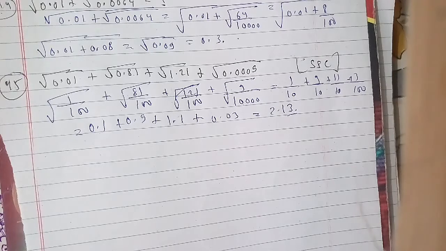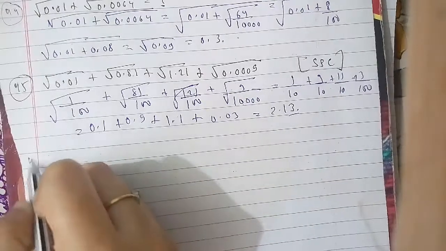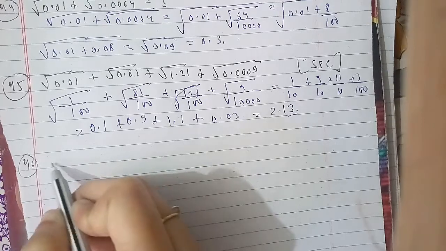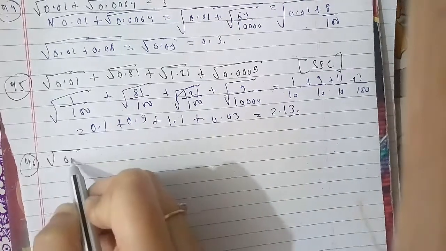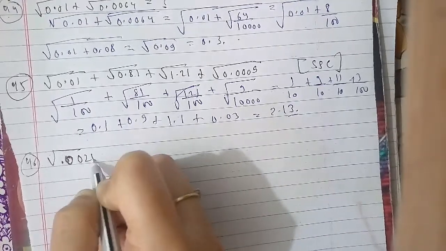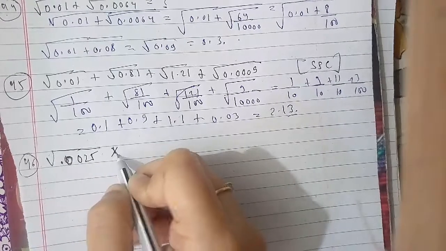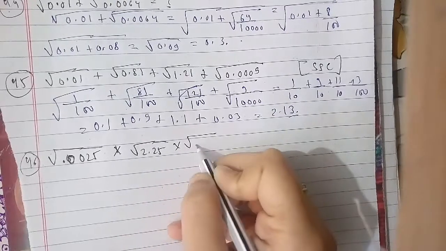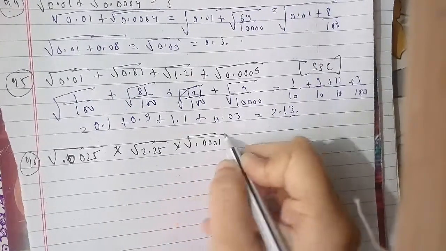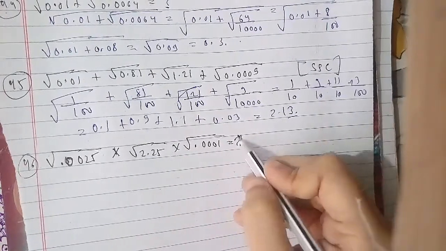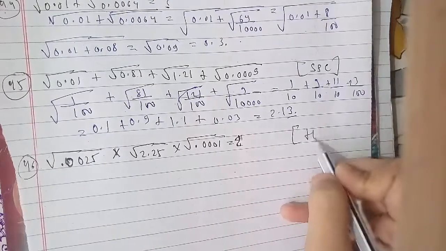For the given expression we have 25 upon 10000 into 225 upon 100 into 1 upon 10000, that is equals to 5 upon 100, 5 from here and 100 from here, 15 upon 10, 15 is 225 upon 10 into 1 upon 10000. Taking 2 zeros out, 15 5s are 75 plus 75 1s are 75.